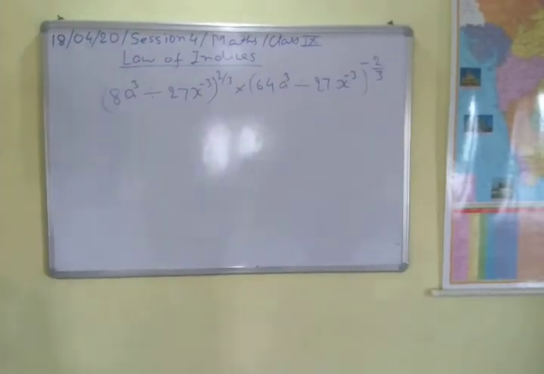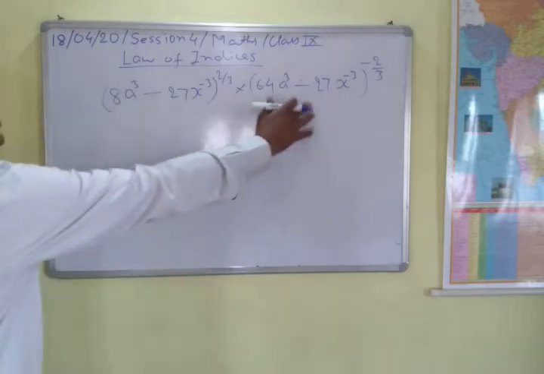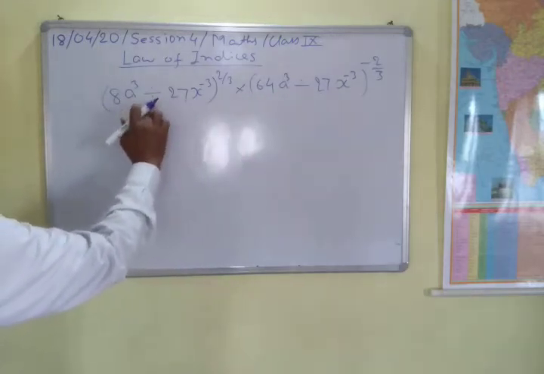So we have to solve this. We have to simplify this whole expression. First of all, see the bracket here. This is division, this is division here. So first simplify these two divisions.